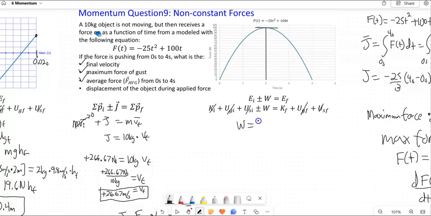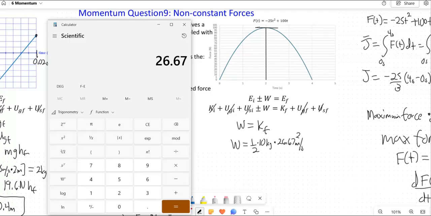So work is equal to the final kinetic energy: 1/2 the mass, which is 10 kilograms, times the velocity, 26.67 meters per second, squared. 10 kilograms divided by 2 is 5, so we just multiply by 5.